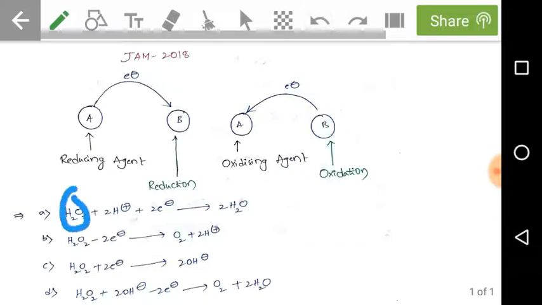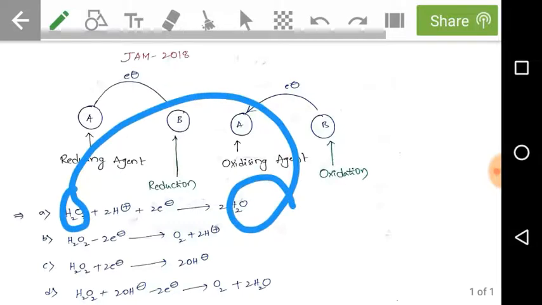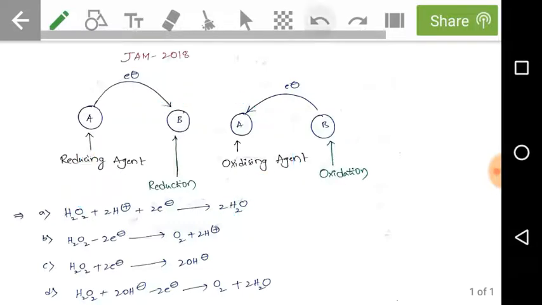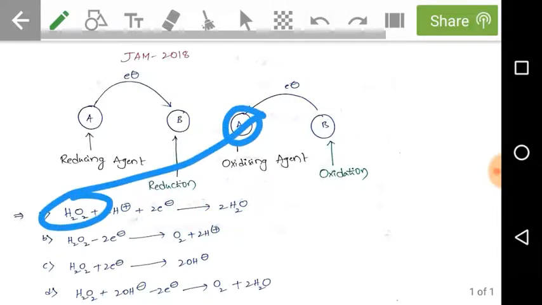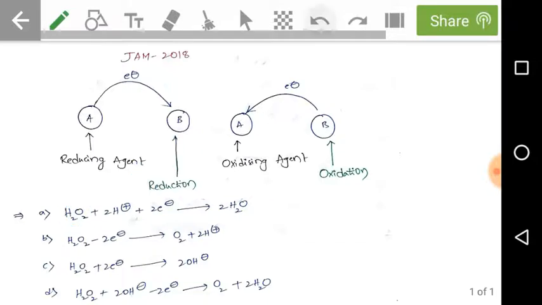Comparing the reactant hydrogen peroxide and the product water, the -1 charge increases to -2 on the central oxygen. That means electrons are taken by hydrogen peroxide. Whenever electrons are taken by a species, we call it an oxidizing agent. So in the first reaction, hydrogen peroxide is acting as an oxidizing agent. We are checking for hydrogen peroxide acting as a reducing agent, hence option A, or reaction A, is not our answer.